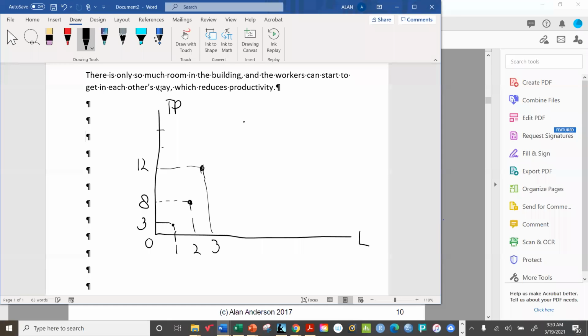So 14 turns out to be the maximum. And that occurs when we have both 4 and 5 workers. And then at 6, we actually end up with 12. All right, that should be a little bit better.